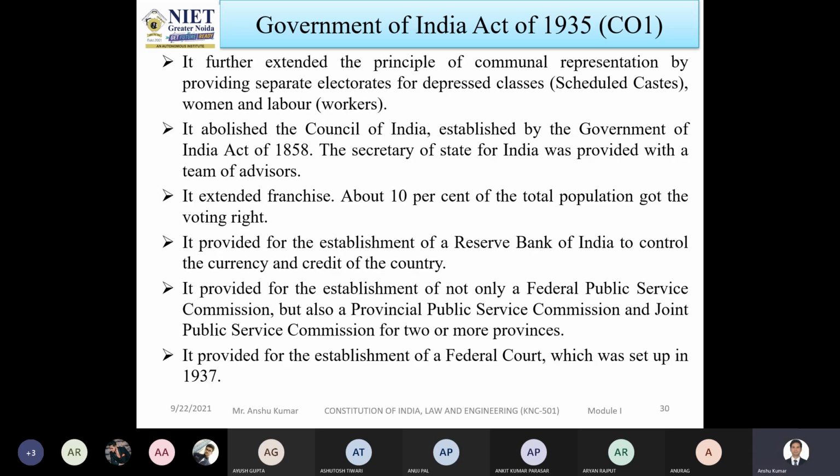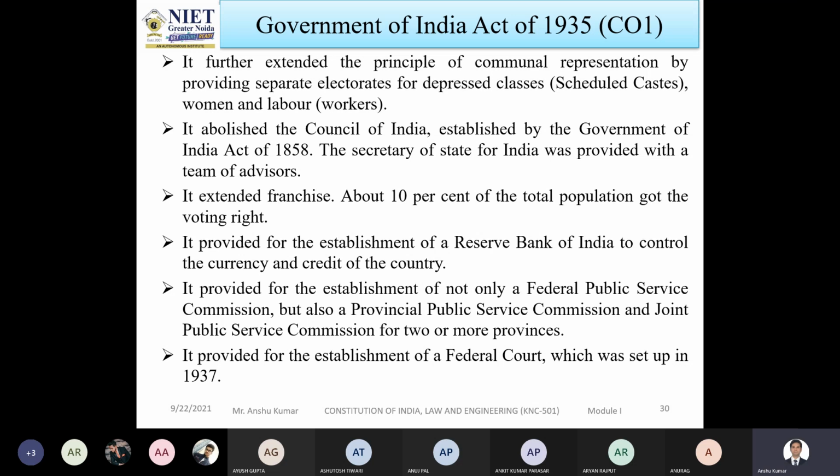It further extended the principle of communal representation by providing separate electorates for the depressed classes, SC and ST, and for women and labor. It abolished the Council of India established by the Government of India Act 1858, and the Secretary of State for India was provided with a team of advisors.